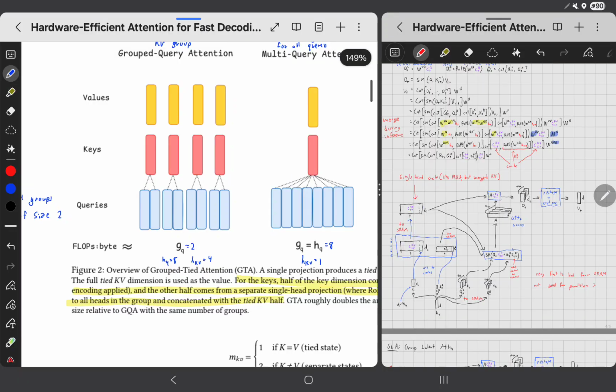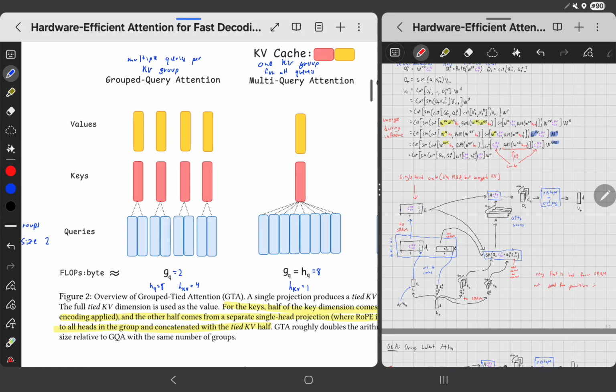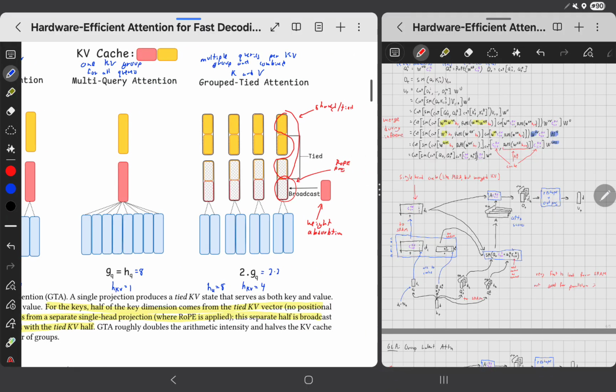If we look here, this is group query attention. This is multi-query attention. Basically, these are your queries, and you have your keys and values going to multiple queries. In multi-query attention, you have one set of keys and values that do that.